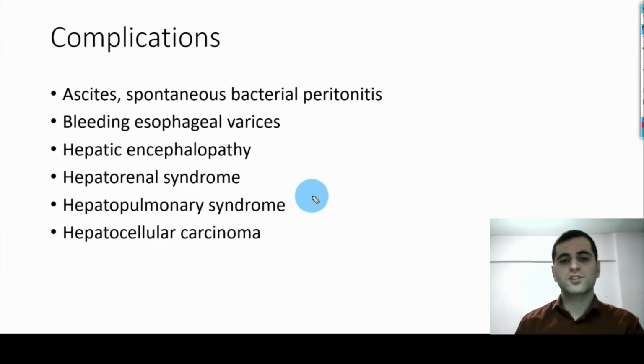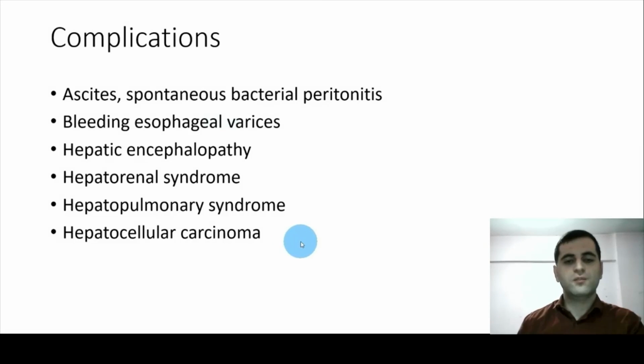Dyspnea is especially prominent when the patient is standing, and when the patient lies down, the dyspnea disappears, and this condition is called platypnea. It is absolutely opposite of orthopnea, which we see in congestive heart failure.